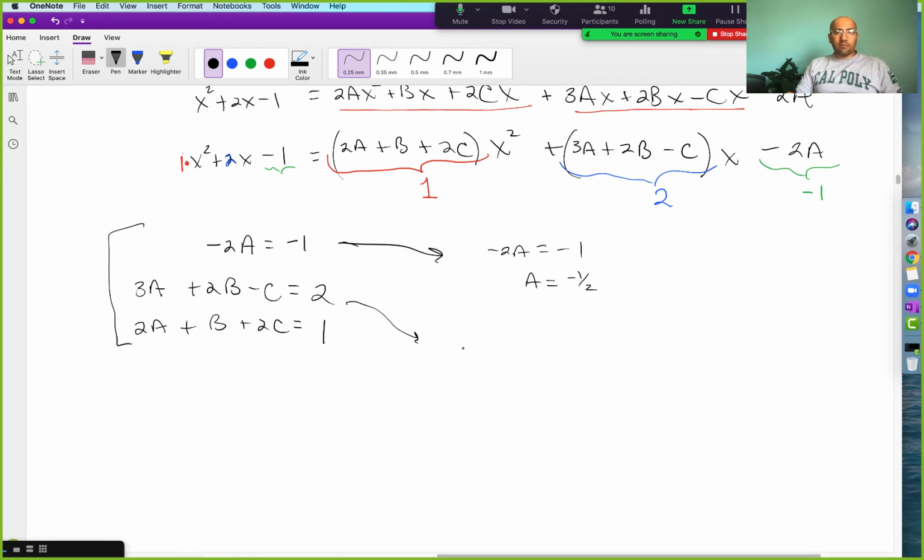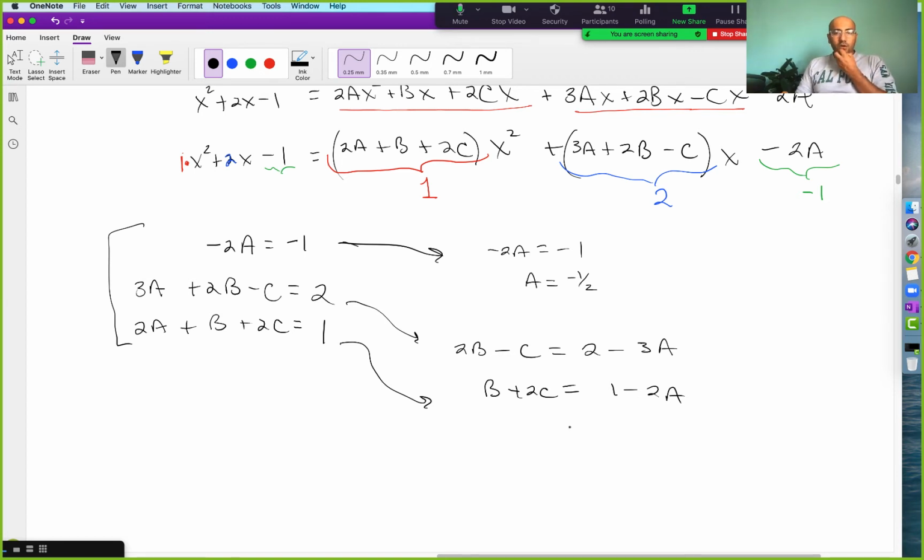So this is going to be 2b minus c is equal to 2 minus 3a, and from here I get that b plus 2c must be equal to 1 minus 2a, and I already know the value of a. Good.